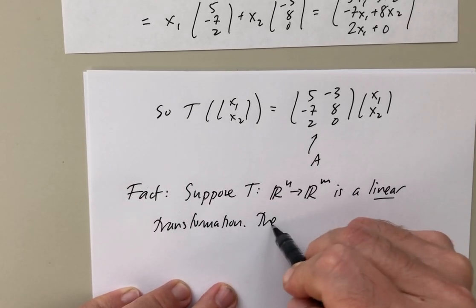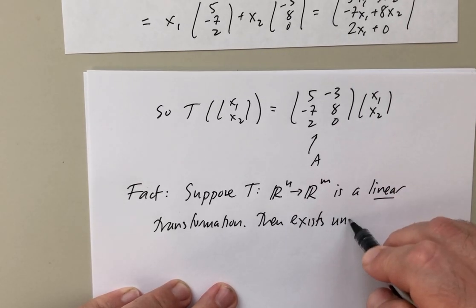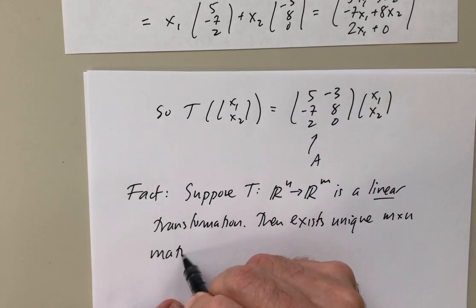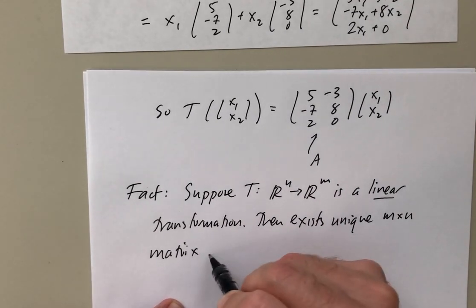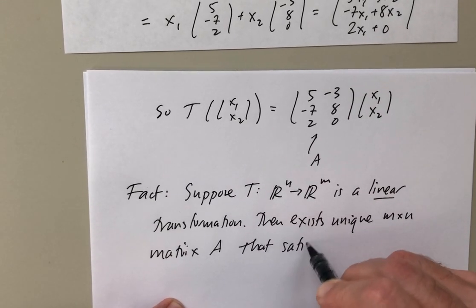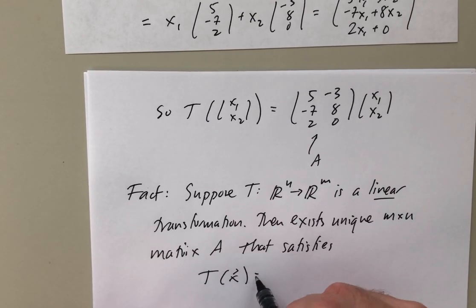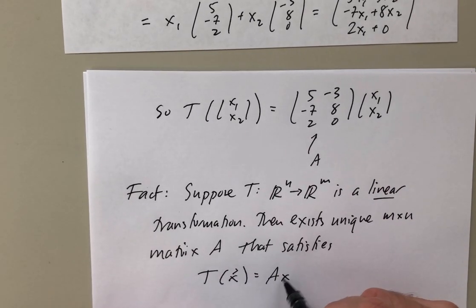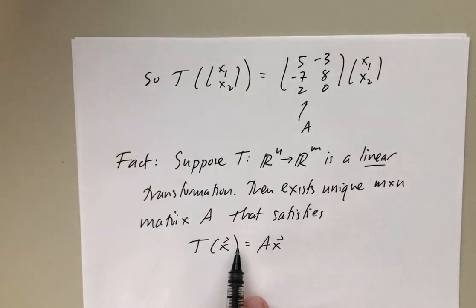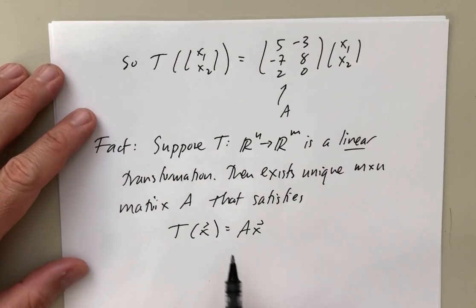Then there exists a unique, so one and only one, m by n matrix A, that satisfies what we just said, that if I take T times a vector x, that's the same thing as A times that vector x. So this is the transformation applied to the vector, and I'm saying that that's just equal to matrix times the vector. So it's matrix multiplication in the end.